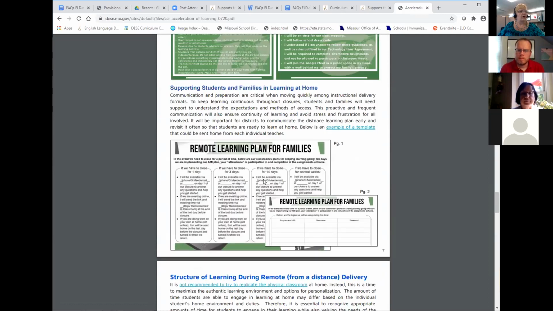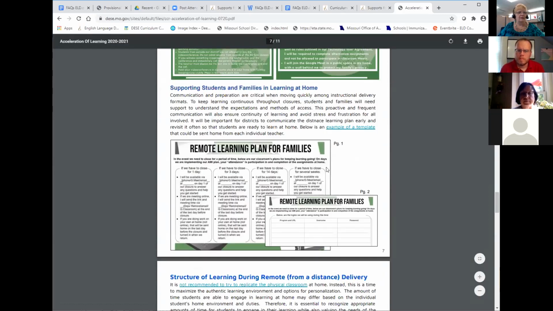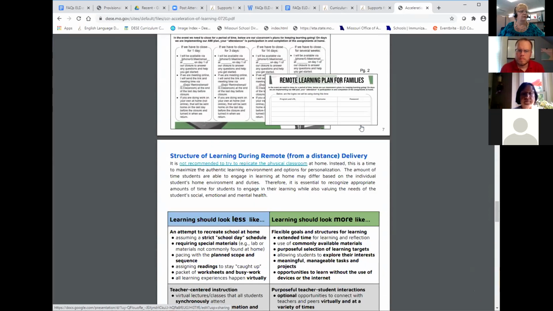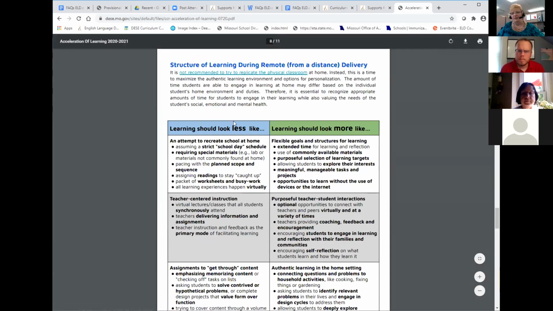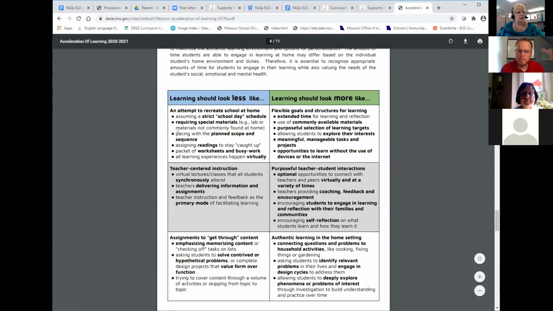And then we have a remote learning plan for families, a template that you can use to help your district plan out the remote sessions if necessary. And then this is one of our favorite documents. Learning should look less like this and more like this in a remote situation.